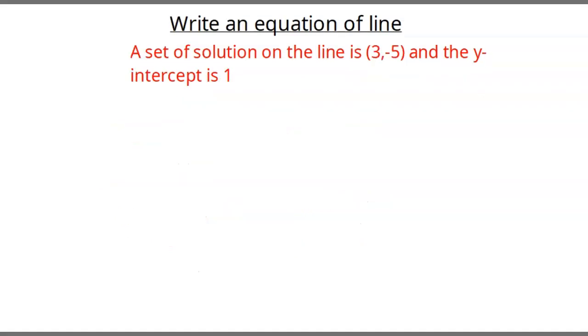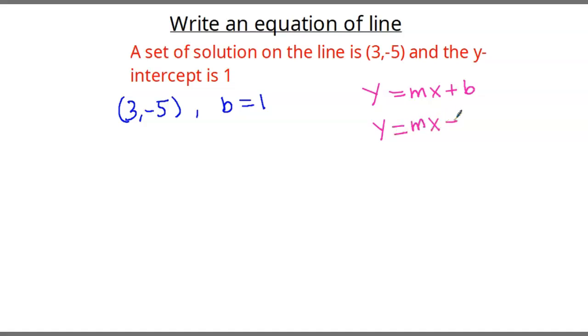For question 2, we have been given the point (3, -5), and our y-intercept, which is b, is 1. As we know from the beginning, y = mx + b will help us. If you are in Europe, you'll be using y = mx + c.